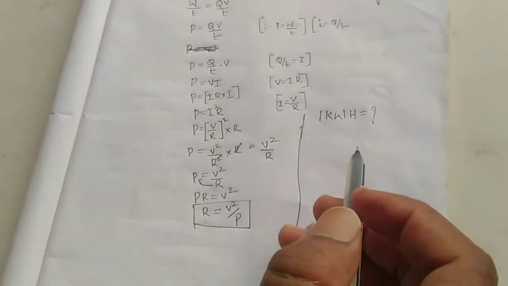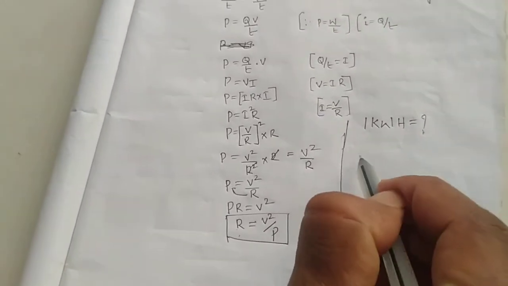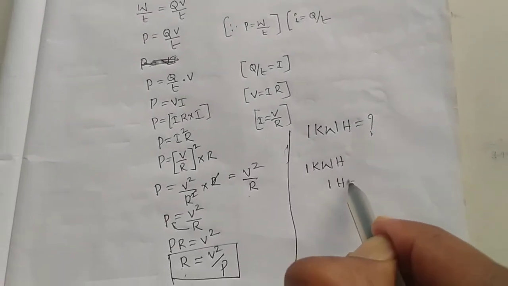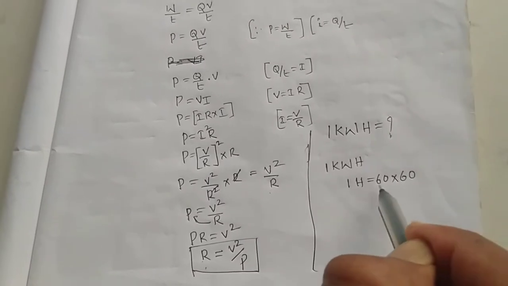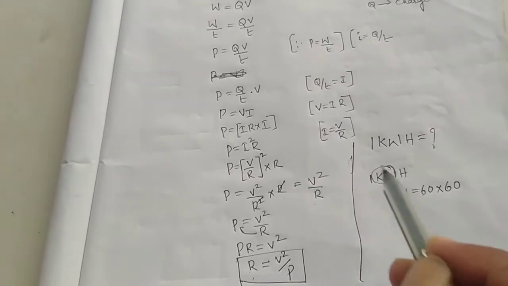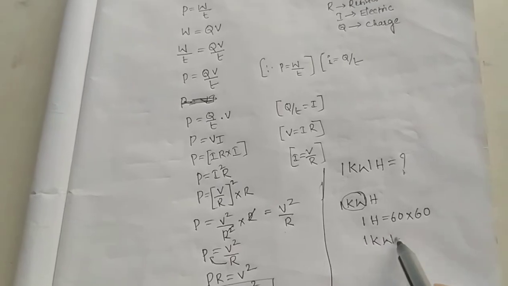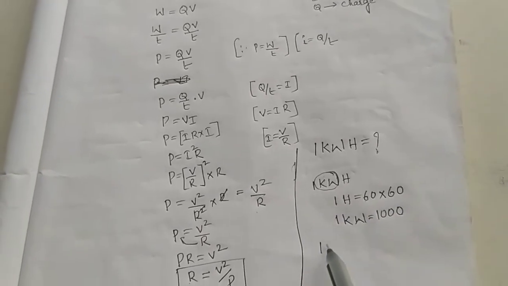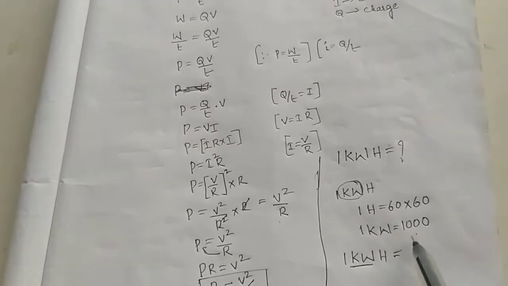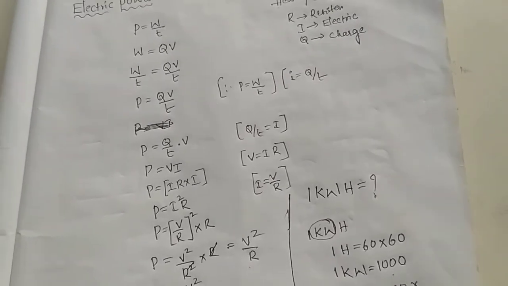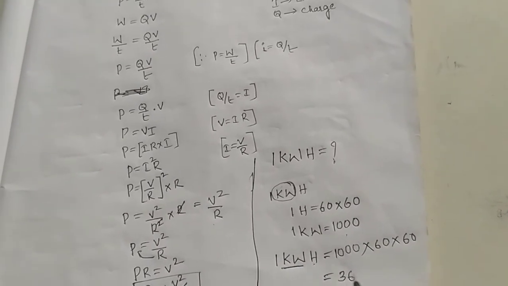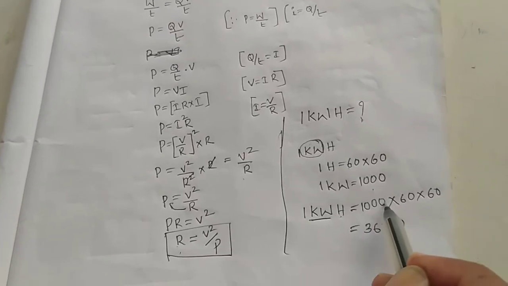We know 1 hour is equal to 60 minutes, and 60 minutes multiplied by 60 seconds. Kilo means 1 kilowatt is equal to 1000 watts. So 1 kilowatt hour is 1000 into 60 into 60. 6 sixes are 36, into 10 to the power of 5.